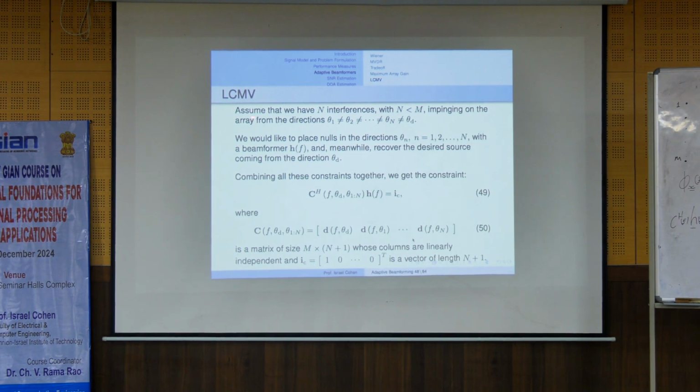When we worked with LCMV for the multi-channel signal enhancement, we worked with constraints, steering vectors, which are derived from the relative transfer functions for each interference. Okay?